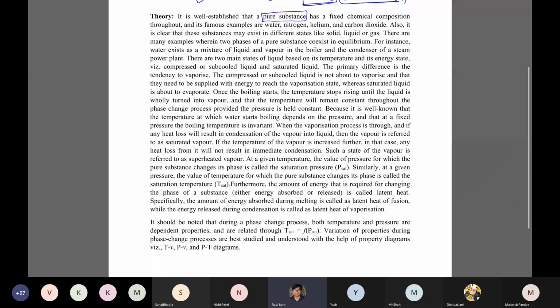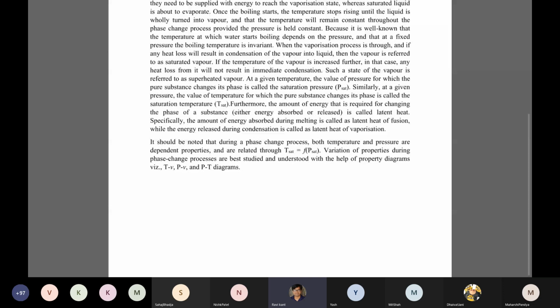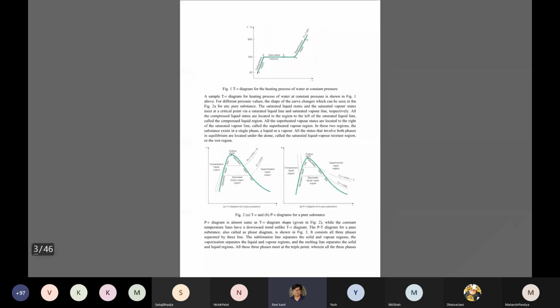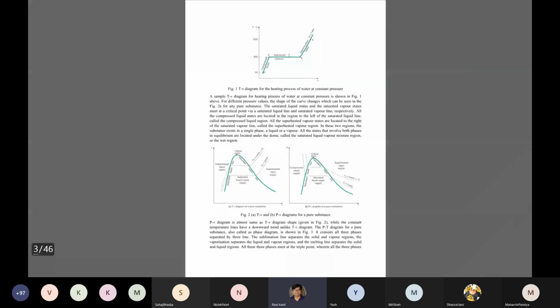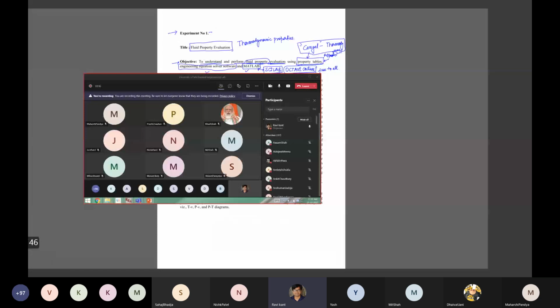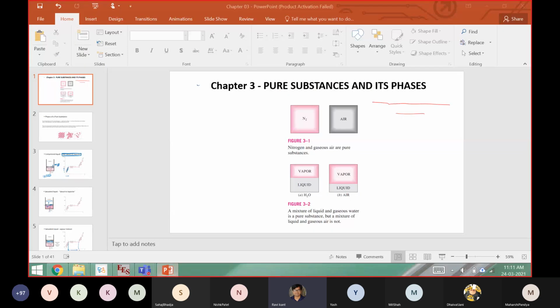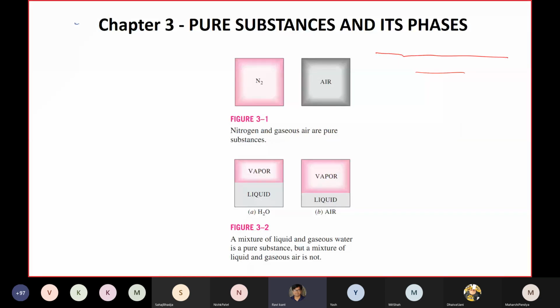First of all, you should ask this question: why should I know the properties, to be more precise, the thermodynamic properties, of any given substance?